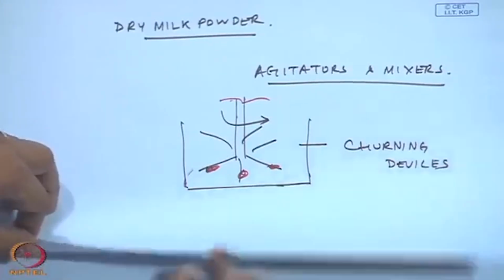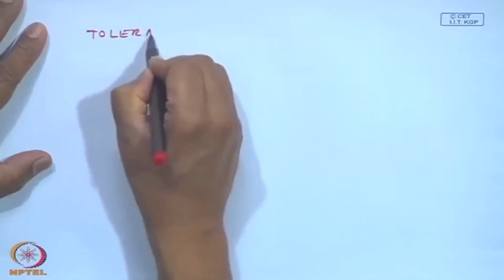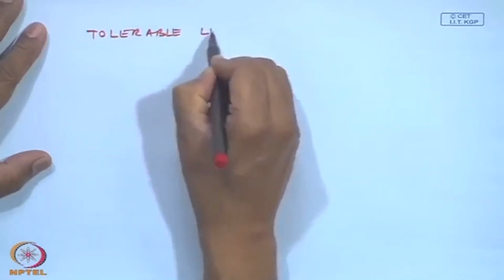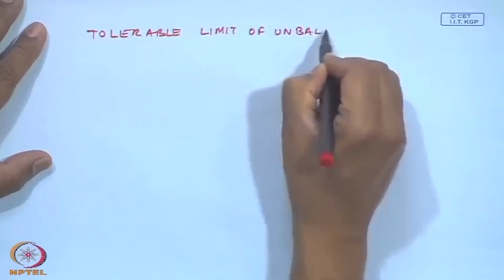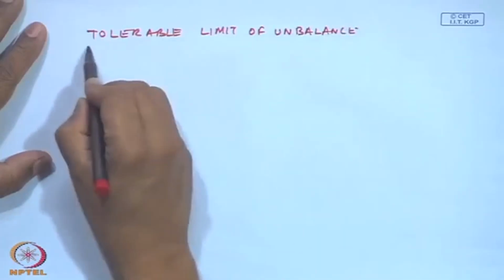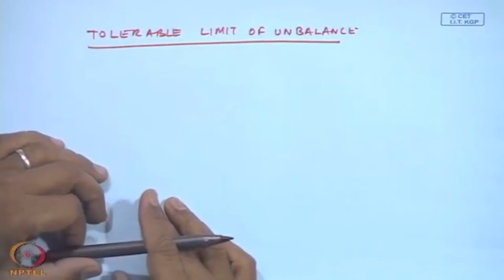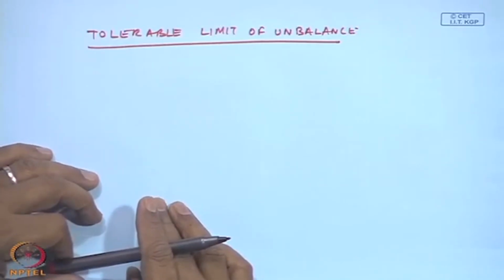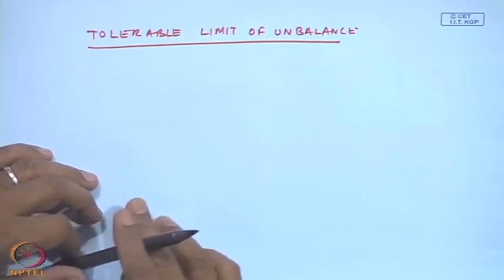And then the question is, what is the tolerable limit of unbalance? See, everything can be balanced, but how much should this force be reduced, and how much should be acceptable?